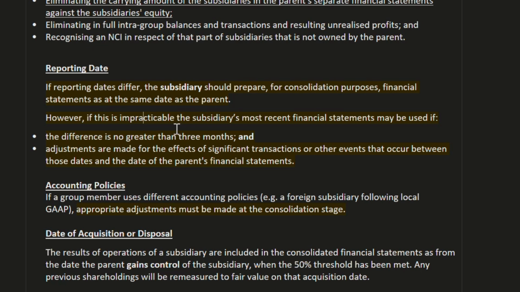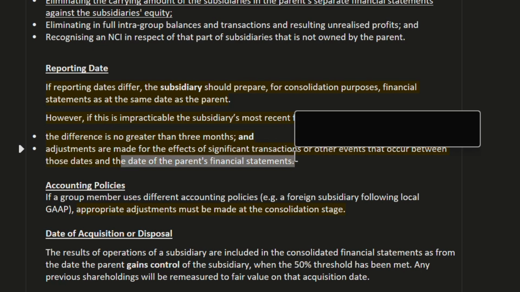However, if impracticable, the subsidiary's most recent financial statements may be used if the difference is not greater than 3 months, and adjustments are made for the effect of significant transactions or other events that occur between those dates and the date of the parent's financial statements.